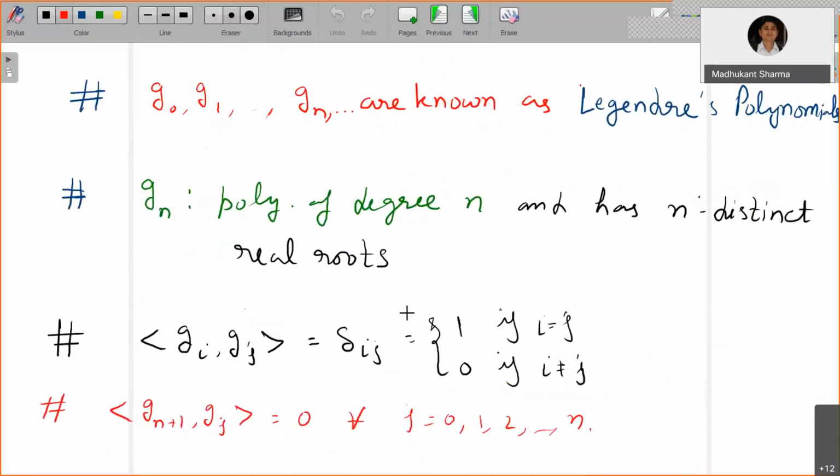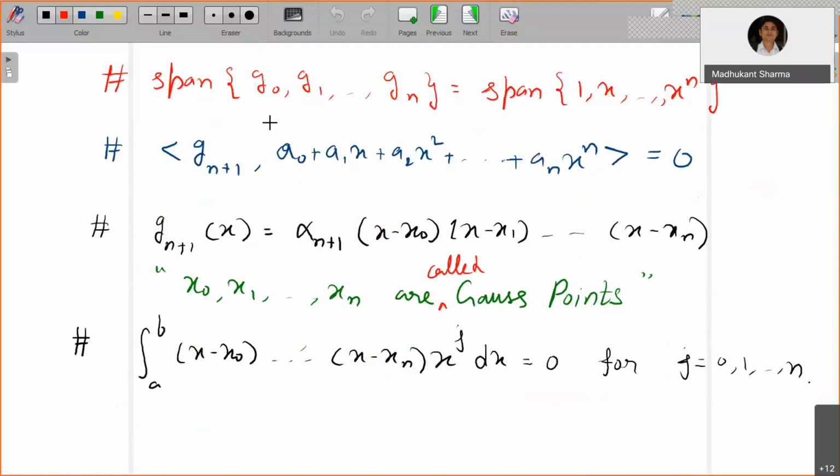Now, a similar concept is that the span of G0 to Gn can be shown as the span of 1, x, up to x to the power n. And also, like I have told, Gn plus 1 is orthogonal to any polynomial of degree less than or equal to n. And also, since this is a Legendre polynomial, it has n plus 1 distinct real roots.